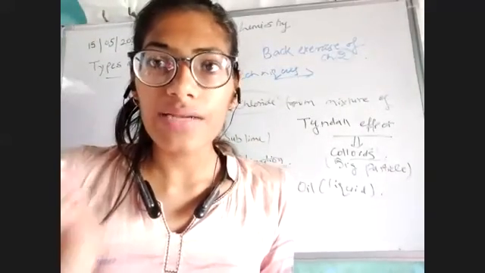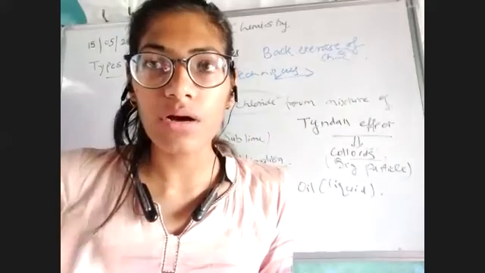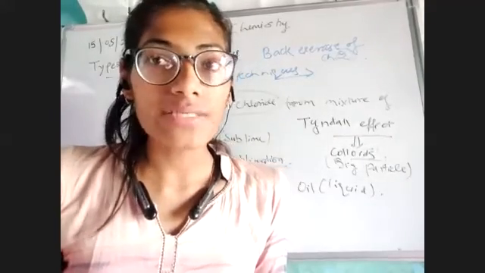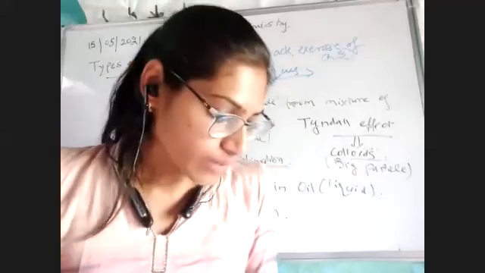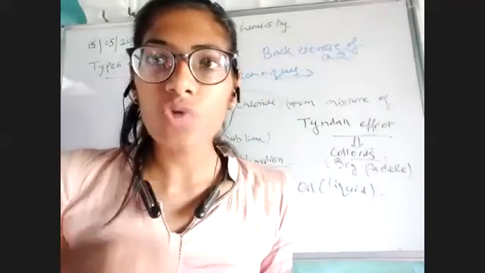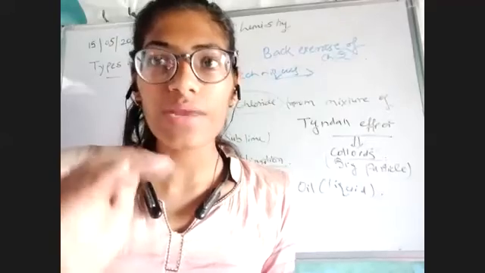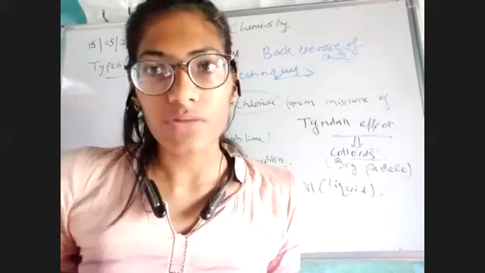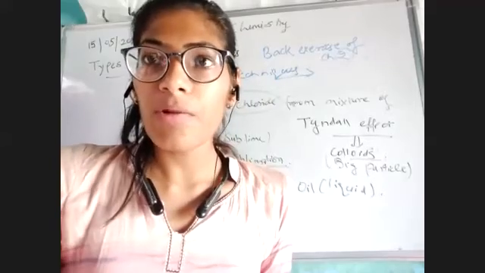So the Tyndall effect can only be shown by colloids, not by solutions. Colloid examples are milk, and we can say starch solution. Okay, so this was all from my side, class.